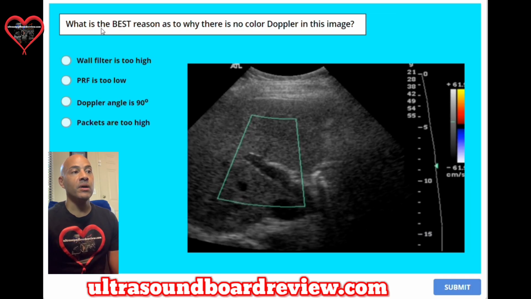Question 59. What is the best reason as to why there is no color Doppler in this image? A, wall filter is too high. B, PRF is too low. C, Doppler angle is 90 degrees.